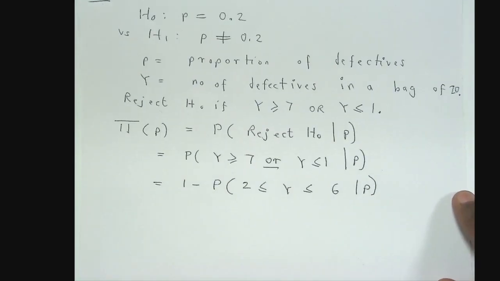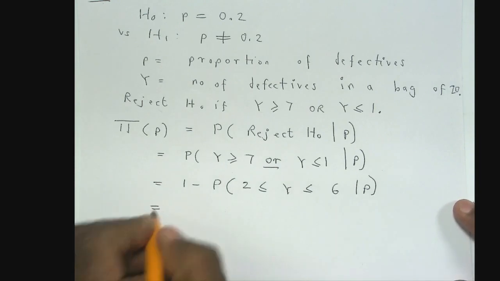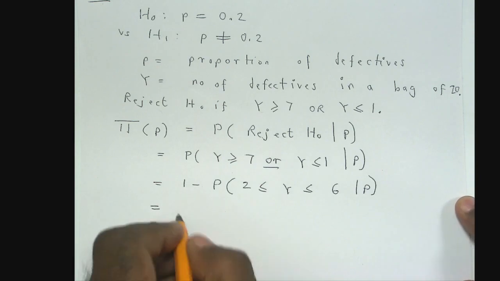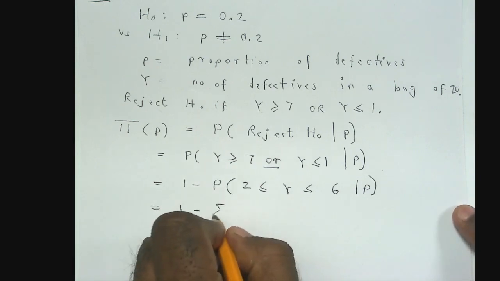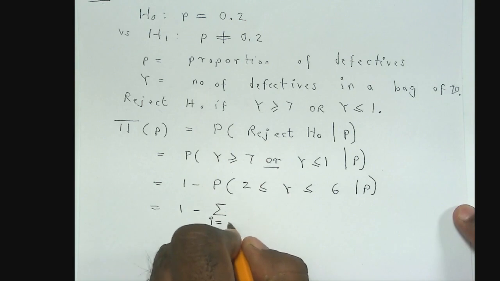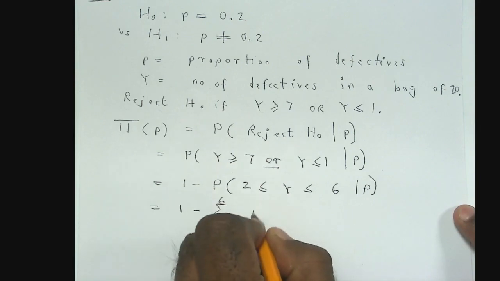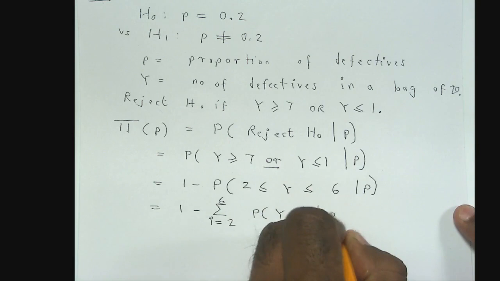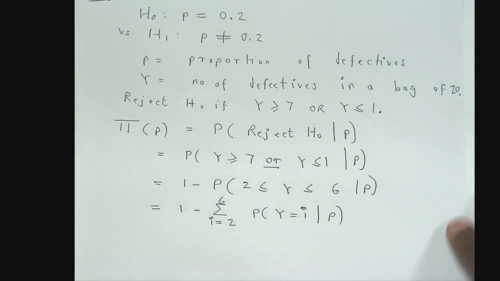So if y is between 2 and 6, the possible values are 2, 3, 4, 5, and 6. So it will be the sum of the probabilities that y equals i for i from 2 to 6.